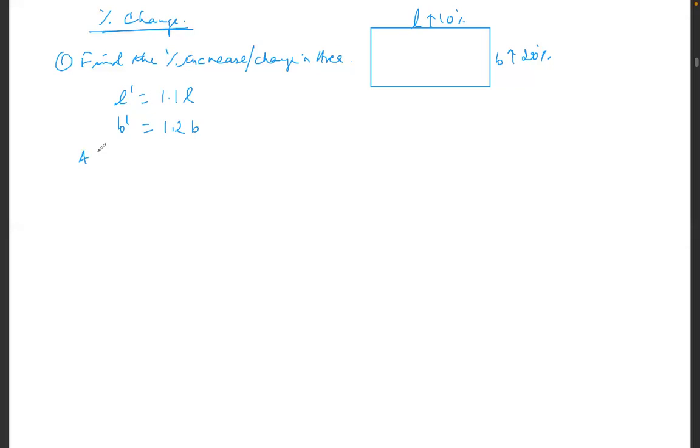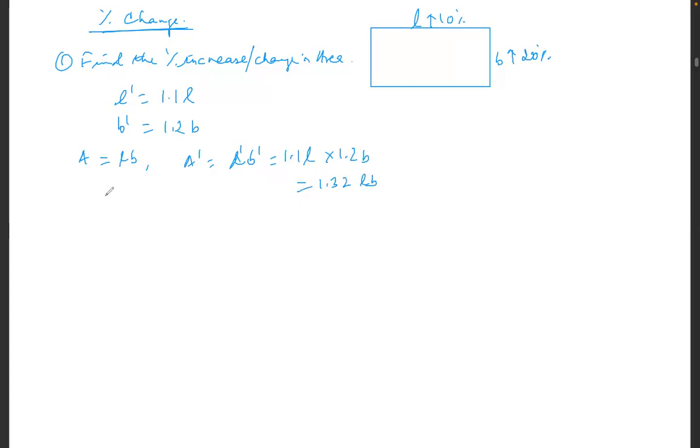Now, old area is equal to LB. New area is equal to how much? L dash B dash, that is 1.1 L into 1.2 B. And that's how much? 1.32 LB. 11 into 12, 132.